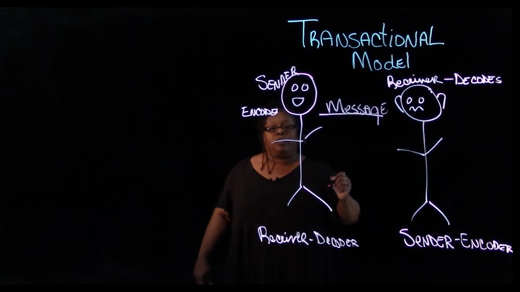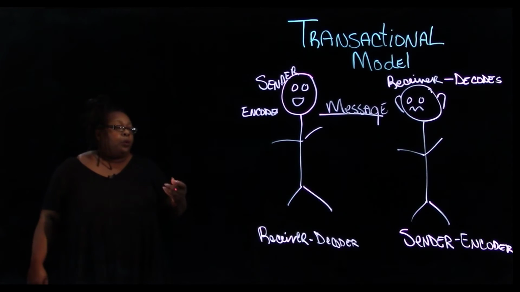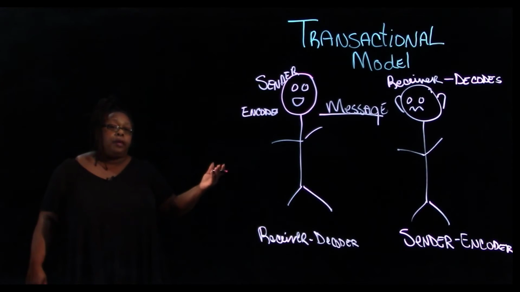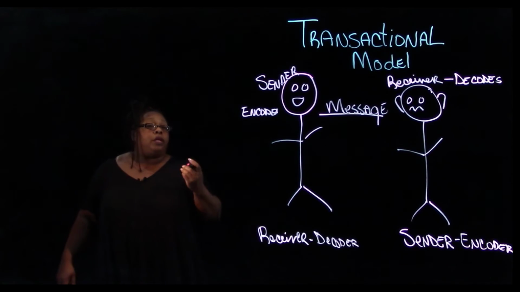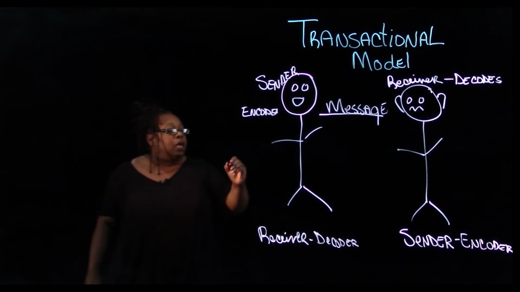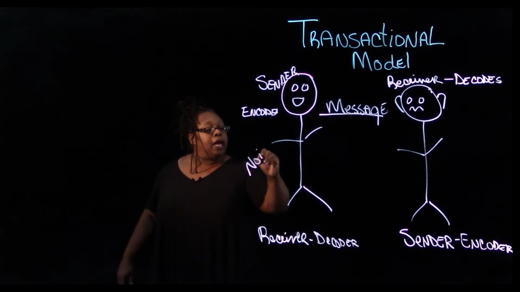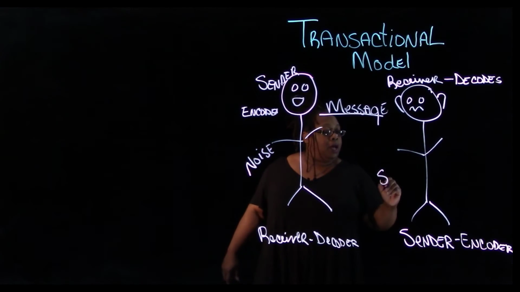Now sometimes, especially in public speaking, we can be interrupted. We can be interrupted by someone coughing. We could be interrupted by a person who doesn't understand what you're saying. Anything that creates a distraction is called noise. You can hear noise outside the classroom, or somebody could sneeze, right?